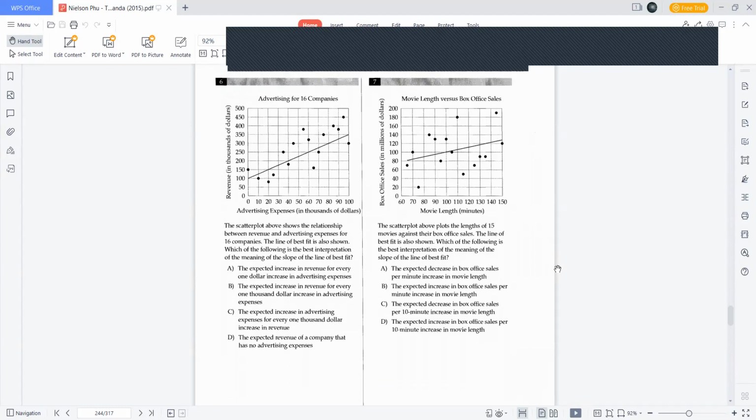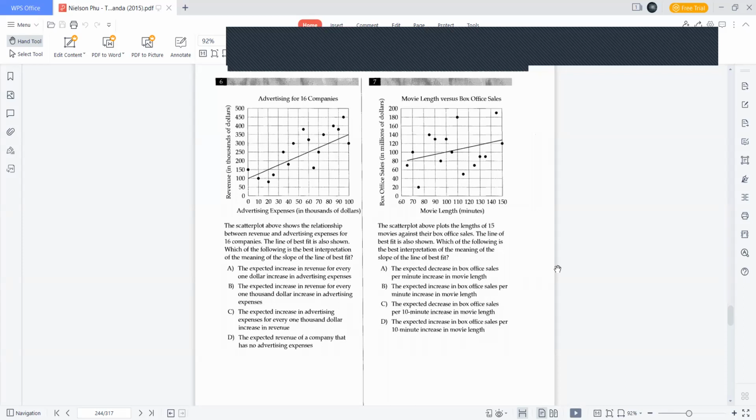So the scatter plot above shows the plots of the lengths of 15 movies against their box office sales. The line of best fit is also shown. Which of the following is the best interpretation of the meaning of the slope of the line of best fit? A, the expected decrease in box office sales per minute increase in movie length.